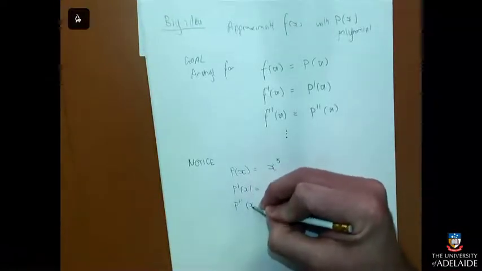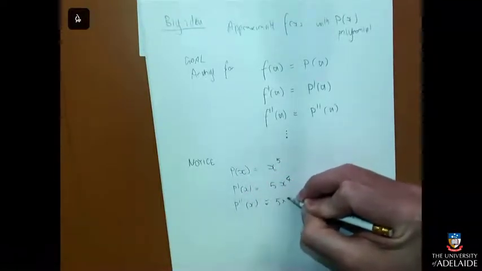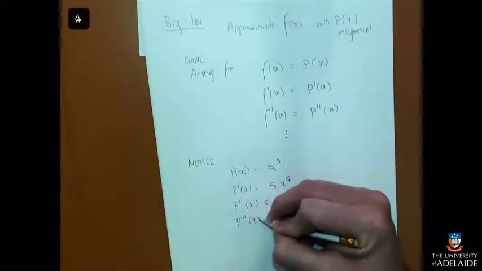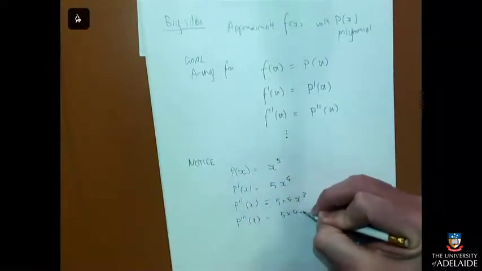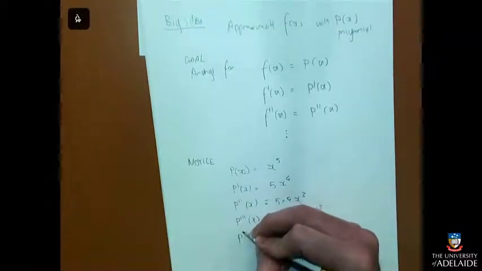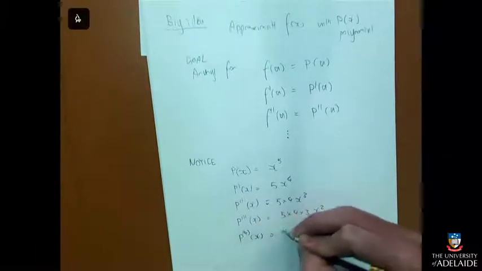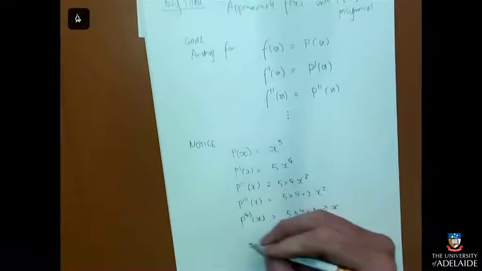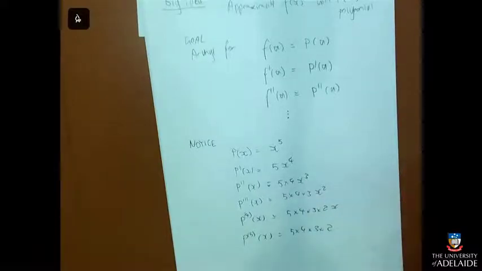And then the derivative of that would be 5 times 4x cubed. And then the derivative of that would be 5 times 4 times 3x squared. And the derivative of that would be 5 times 4 times 3 times 2x. And then the derivative of that would be 5 times 4 times 3 times 2. Because it's a constant, right? And the derivative of that would be 0.